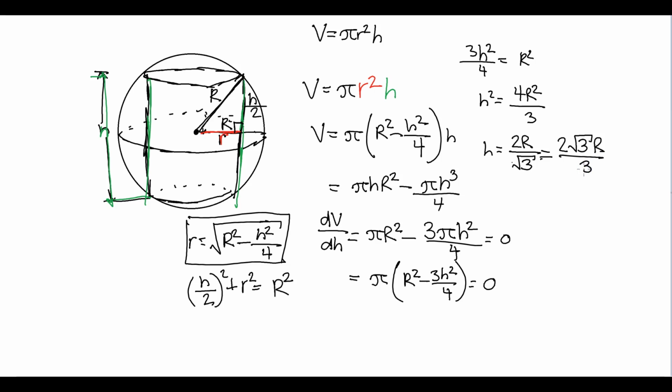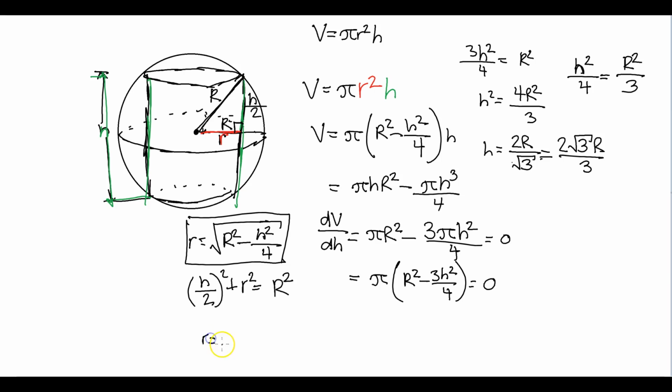Okay, so you know h squared is 4R squared over 3. So h squared over 4 we want to plug into our expression for r to find the radius. So h squared over 4 will just be R squared over 3, because this 4 disappears when we divide by 4.